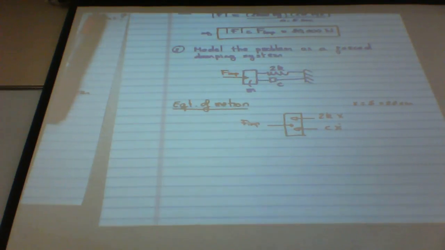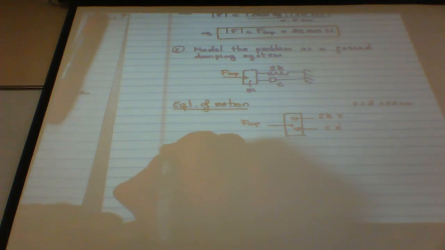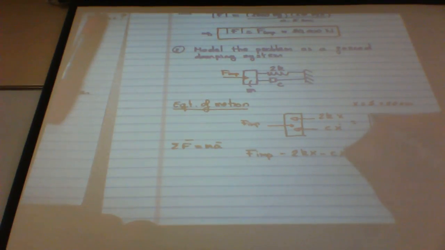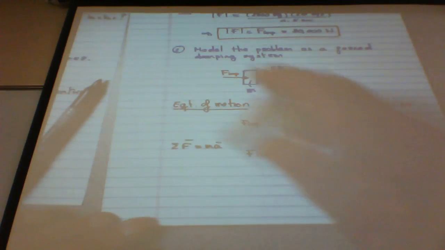So write down the equation of motion, what would you have here? Summation of forces equals to MA. We have F impact minus 2kx minus Cx dot. Forgot to do another figure here. Will be equal to what?